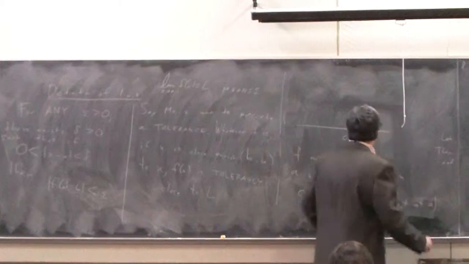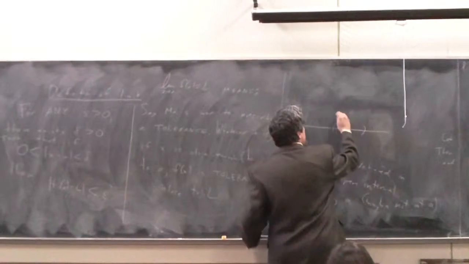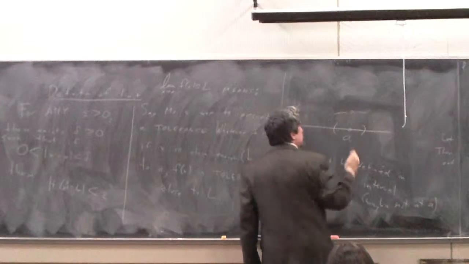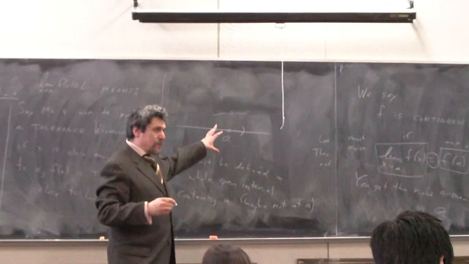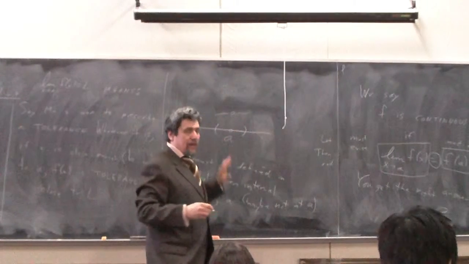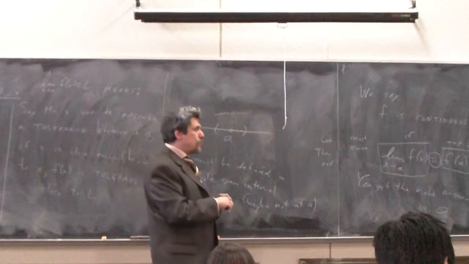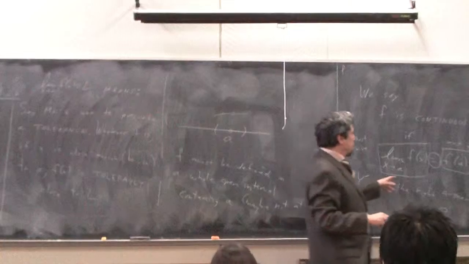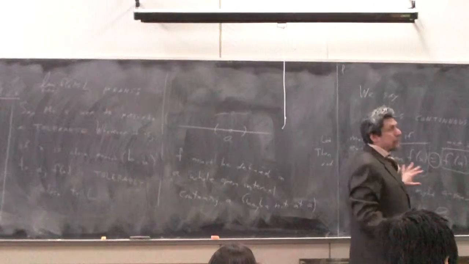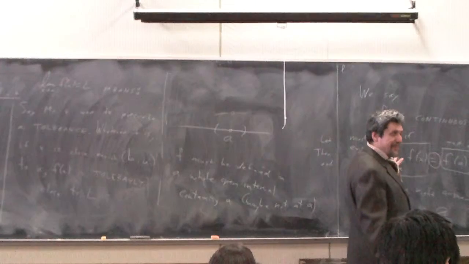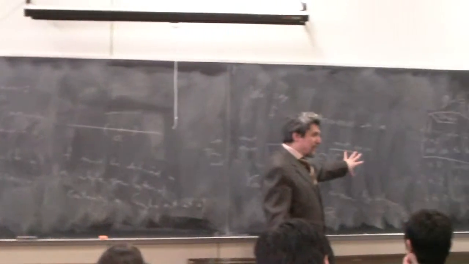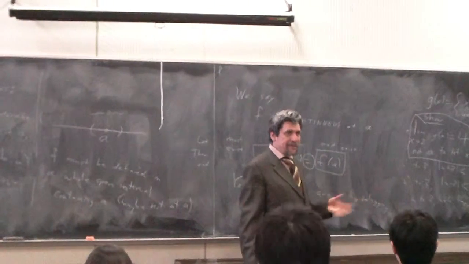It doesn't have to be defined for all real numbers, just on a little open interval. So that should clarify this: the definition of continuous is that the limit must exist, the value must exist, and they have to be the same.